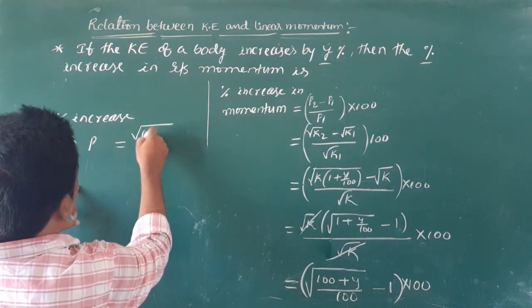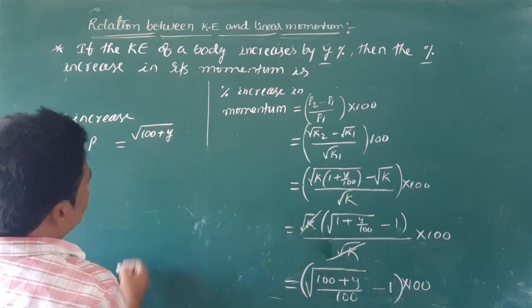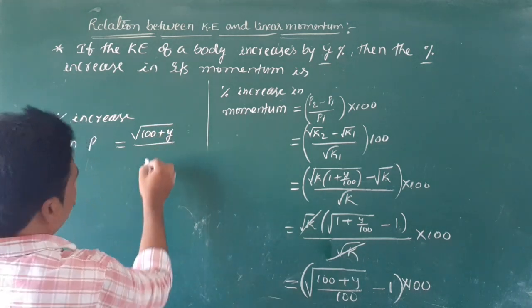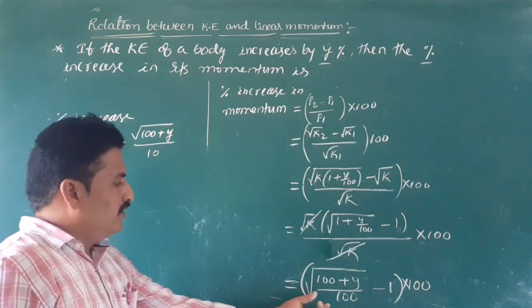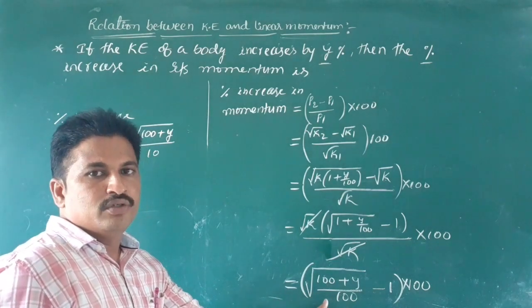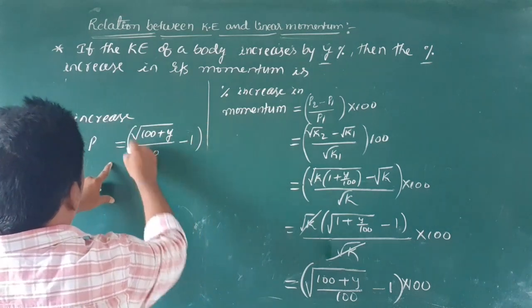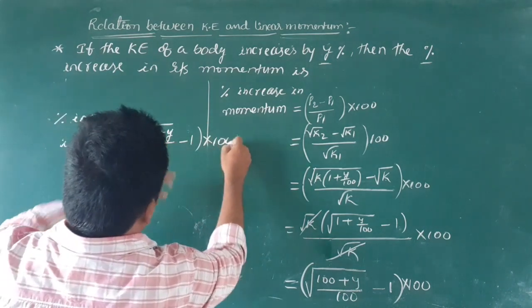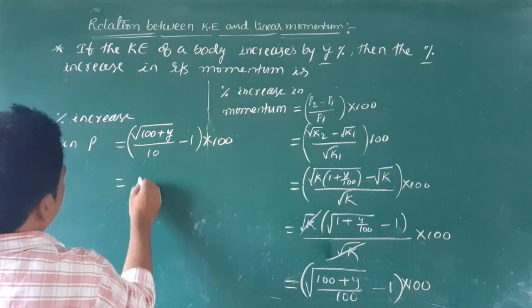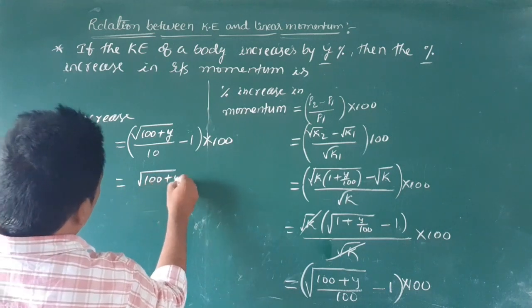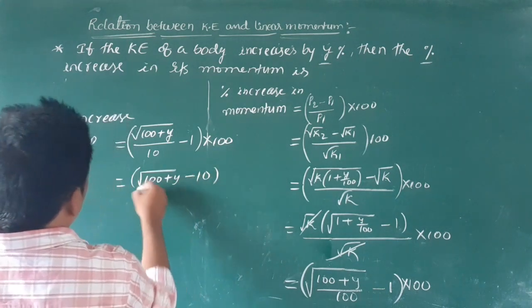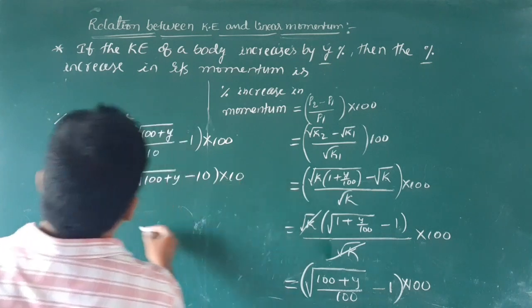Root of (100 plus y) whole divided by 10, because we can take the 100 out of the root and get 10, minus 1, into 100, students. From this, (root of 100 plus y minus 10) into 10, students.